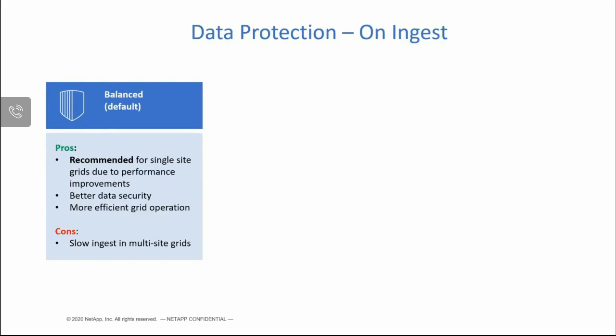If we cannot satisfy that on ingest, then we go back to the traditional method of dual commit, which is just to store two copies at the site of ingest. So we recommend applying this if you have a single site because it will improve operations, it will improve ingest, and it will also decrease the amount of grid operations. I'll touch upon that during dual commit, when I go over the traditional way we used to do that.